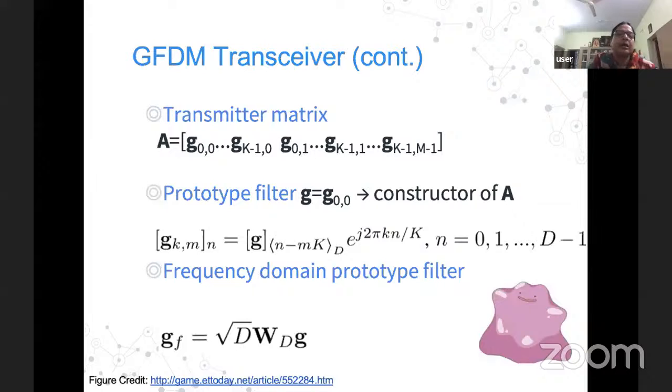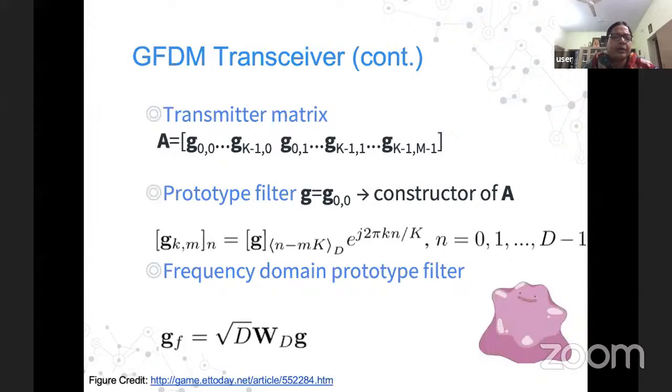So here, a prototype filter is used, that is G of G00. This is actually coming from a construction of your data stream A. This prototype filter is actually a modular filter. Modular in the sense, suppose 4 into 2 equal to 8, but it leads to 10, then the 2 coming back to 8, we will adjust into the 8 itself. That's why we come to the modulo operation.